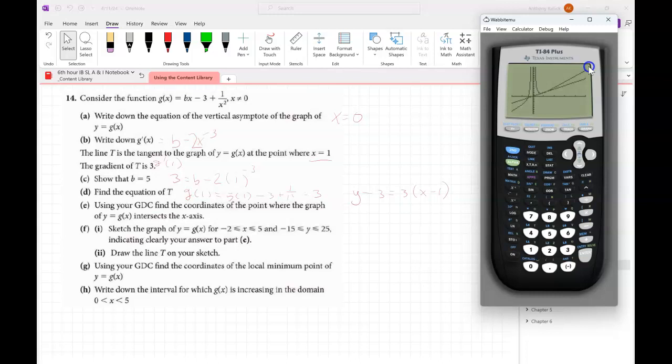Does that feel okay? You guys feel better? I mean, still do some optimization practice. That tends to be the hardest thing.